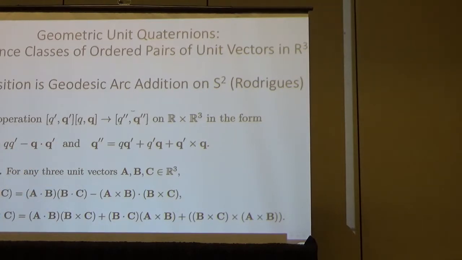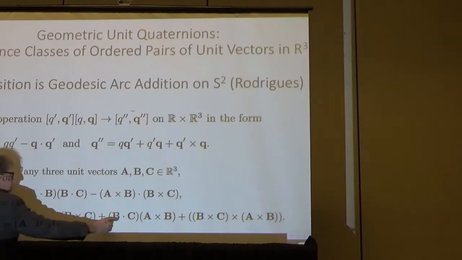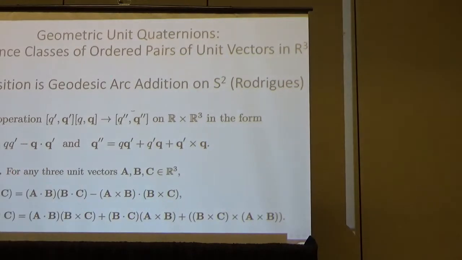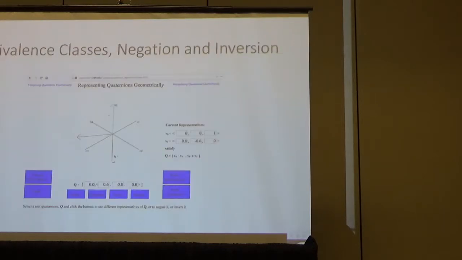For any 3 unit vectors, A, B, and C, if I know A dot B and B dot C, that's scalar 1, scalar 2, vector 1, vector 2, then I get the dot product of the first with the third. And similarly for the cross product, A cross C: scalar 1 vector 2, scalar 2 vector 1, plus vector 1 cross vector 2. A neat little vector identity, which is essentially manifest in Rodrigues's paper about 4 years before Hamilton.